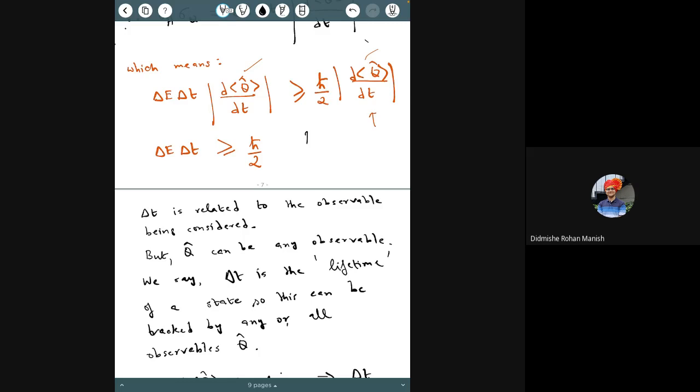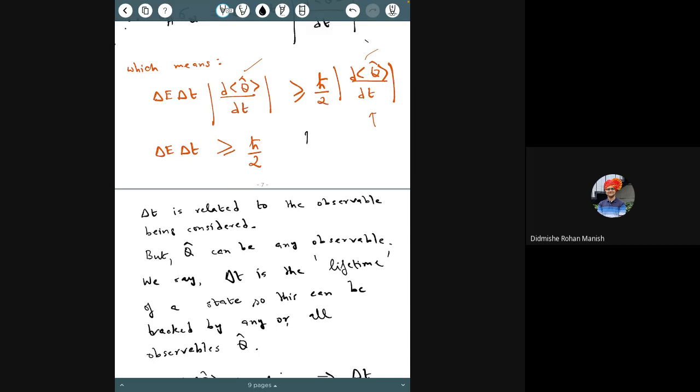How do you know that a state has evolved in time? You have to measure a property of the state. That is the fundamental thing that you have to understand. And when you're measuring a property, it can be any property, which I'm calling Q. How fast that property is changing tells me how fast the state itself is changing.